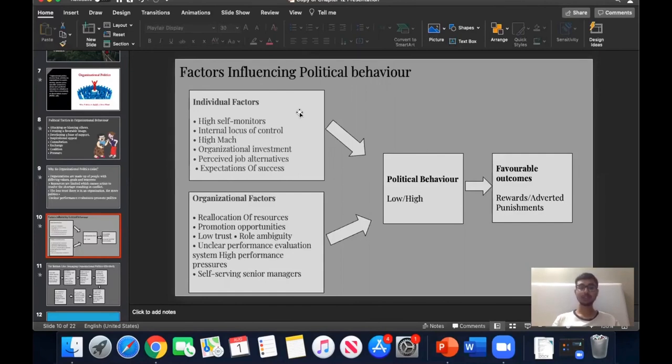And the organizational factors are reallocation of resources, promotion opportunity, low trust, role ambiguity, unclear performance evaluation, and self-serving senior managers. Due to political behavior, there are favorable outcomes too, which are rewards or averted punishment.